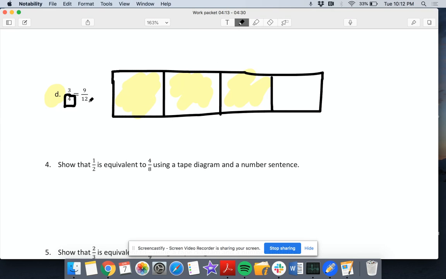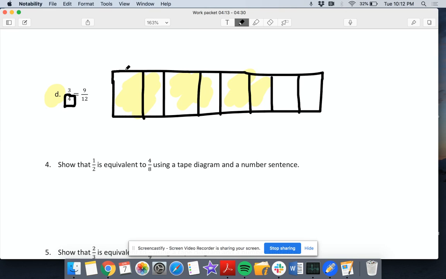How would I get 12 equal boxes? Let me try to add just one more line in each box. Would that get me to 12? Let's count. 1, 2, 3, 4, 5, 6, 7, 8. No, it doesn't get me to 12.